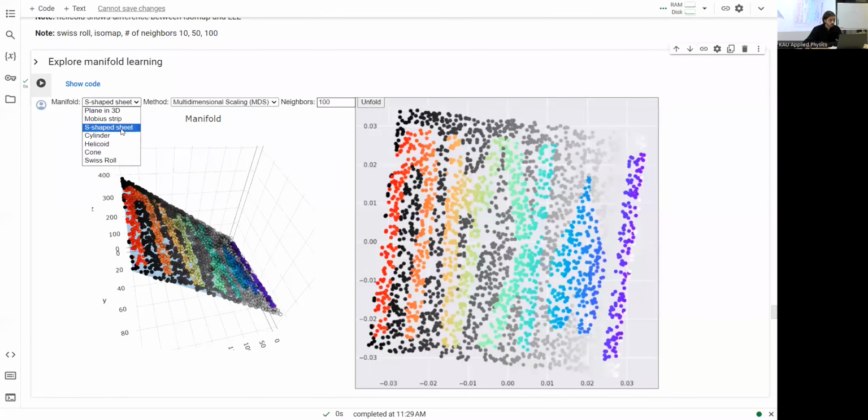So a plane, and I was trying to do something with MDS. Okay, let's try something with the S-shaped region with the LLE. So here is the number of neighbors. Let's take 10, for example.